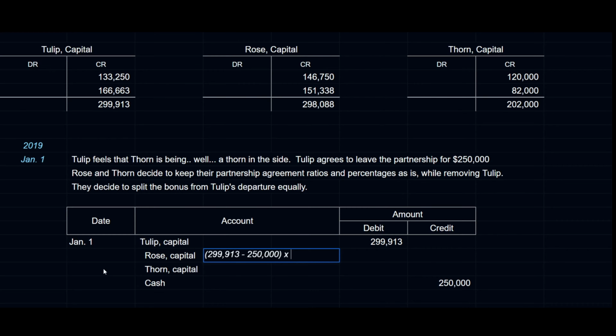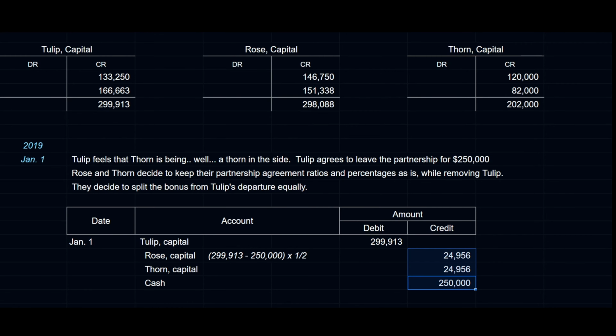The difference would be the bonus. We can multiply that by a half. And we know that Thorn would get the same amount.